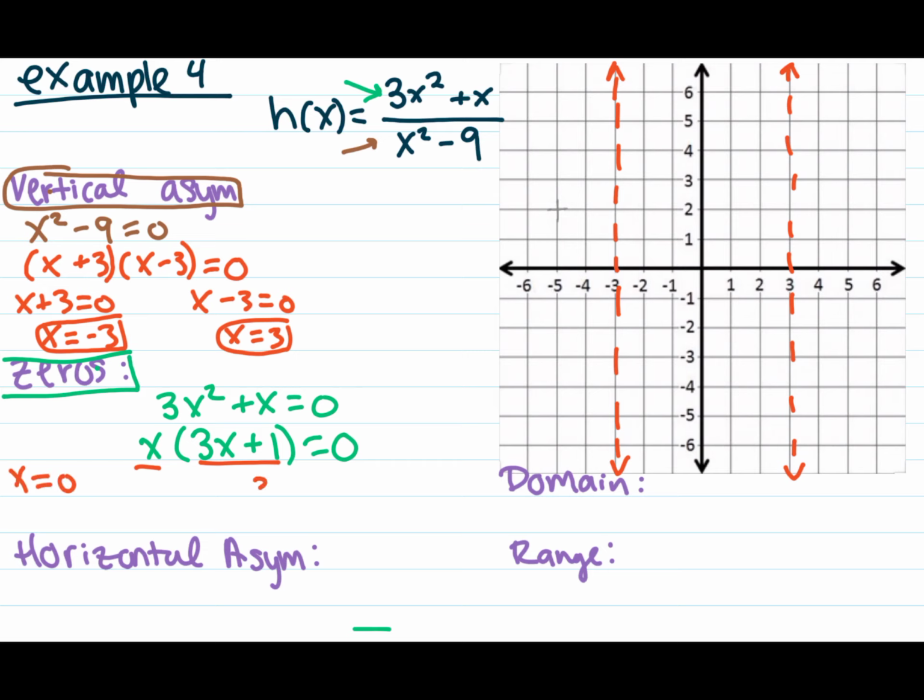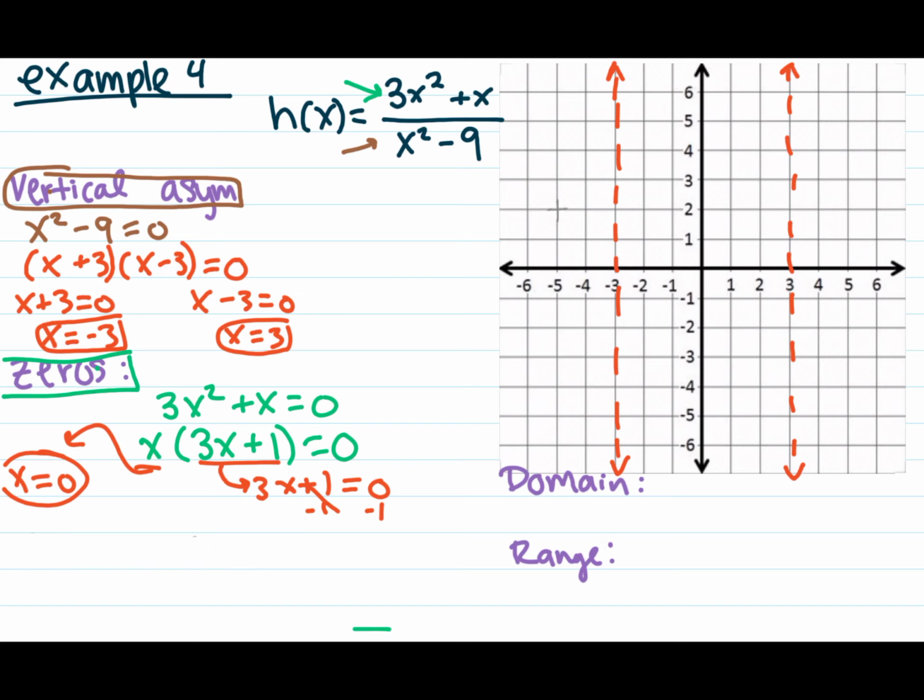Set each one equal to 0, and that's going to give you your x-intercepts. Well, this kind of already just generated the answer, right? Going here, and then this one's here. We're going to minus 1 real quick, and get 3x equals -1, divide by 3.